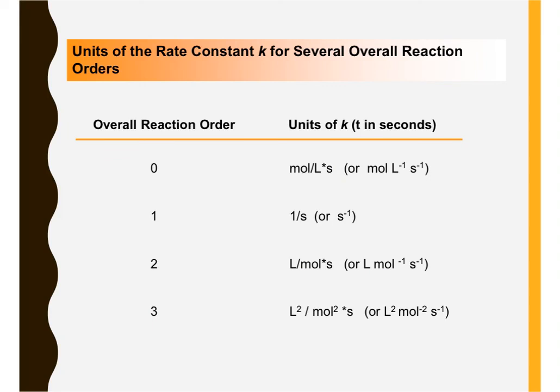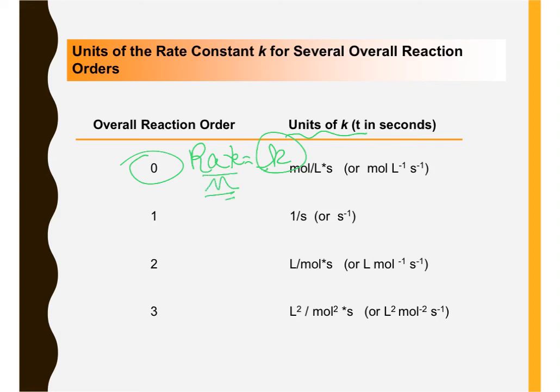So to leave you with this PowerPoint, here is a summary of the different units for K depending on the overall order of reaction. Remember, if a reaction order is 0, that simply means that the rate of the reaction equals K. So what that also means is the units for K for a 0 order reaction equal the units for rate.